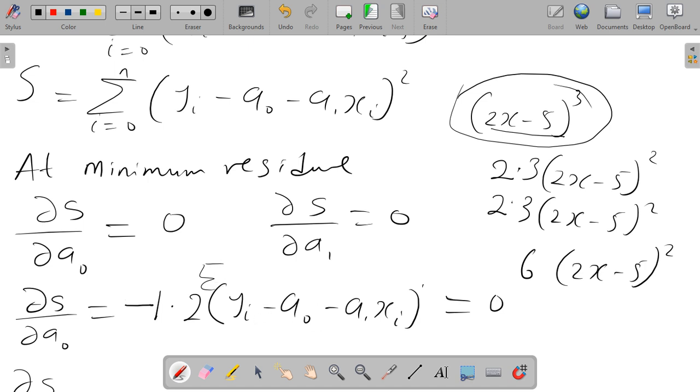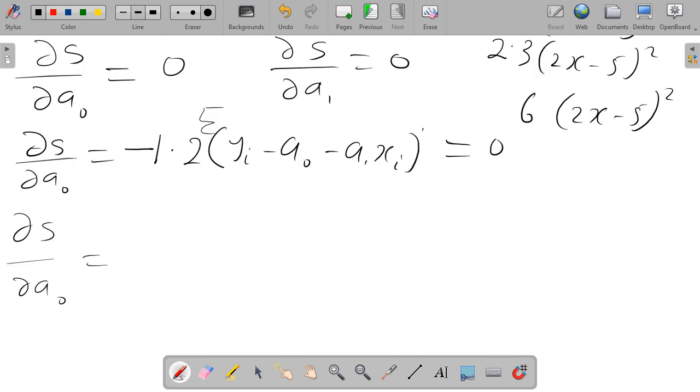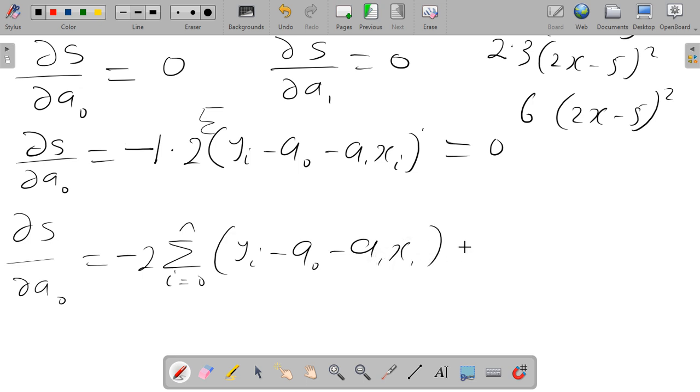So the answer will now be minus 2 the summation of i starting from 0 to n of yi minus a naught minus a1 xi, is equal to 0. You understand? So if you divide both sides by 2, these two can come here, divided both by 2.